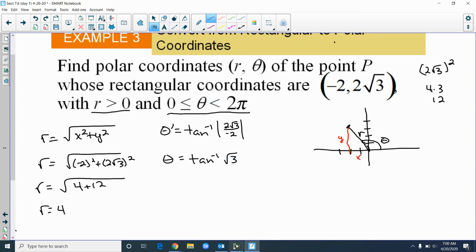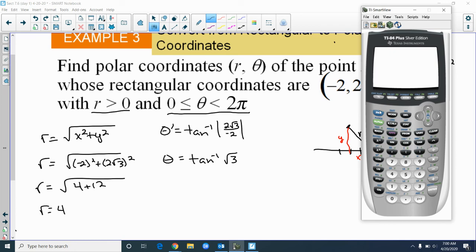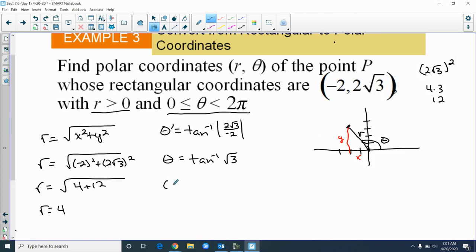Now, even though we're in radians, I'm going to keep my calculator in degrees and convert later. It's just easier. That gives 60 degrees. That is my reference angle.